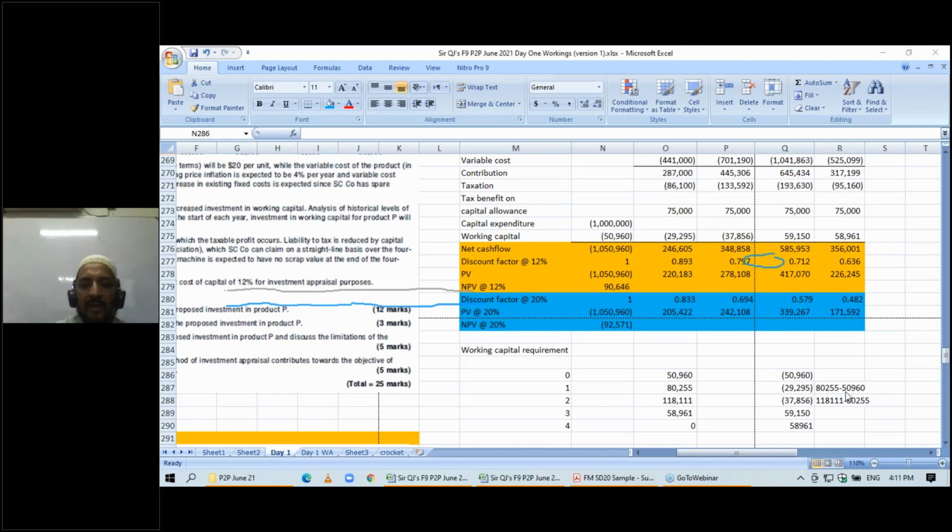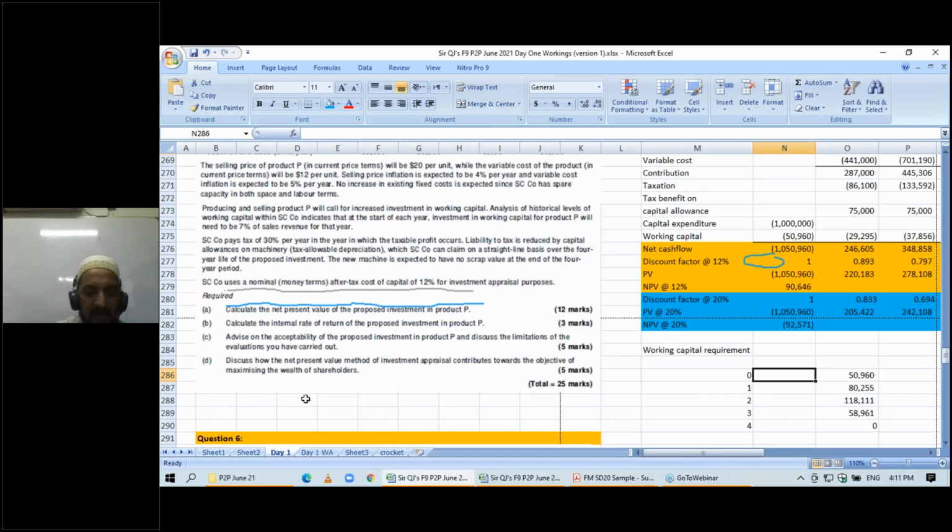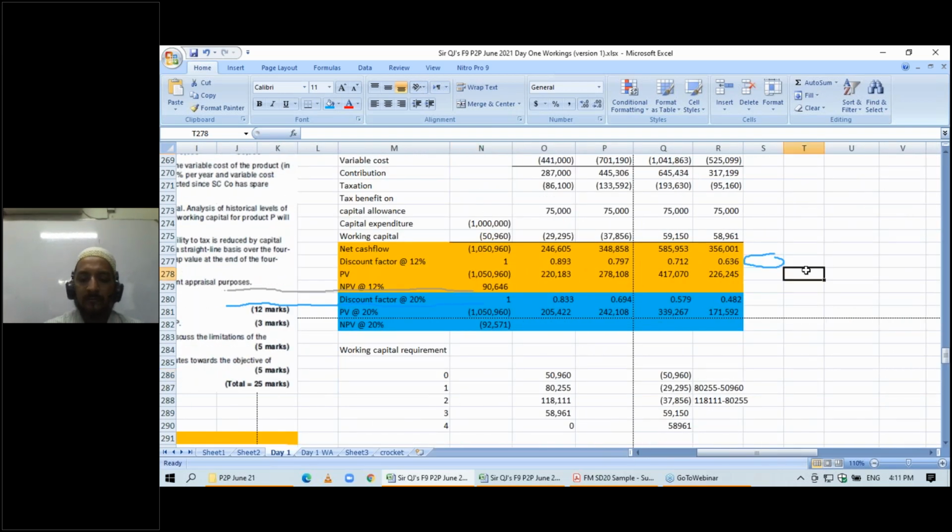Okay, so let's use the internal rate of return formula to solve this out. The internal rate of return formula is: IRR is equal to the lower rate, L stands for the lower rate, plus NPV at the lower rate, NPVL is NPV at the lower rate, divided by NPV at the lower rate minus NPV at the higher rate.